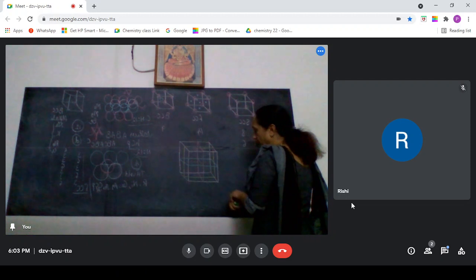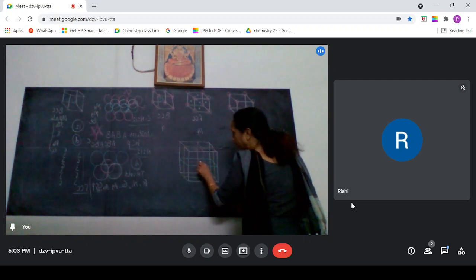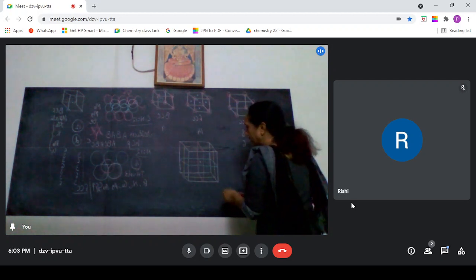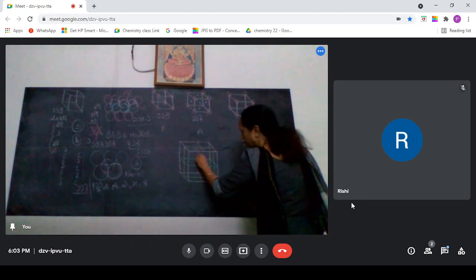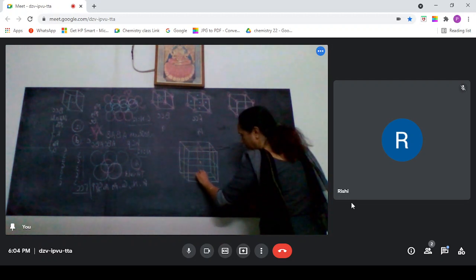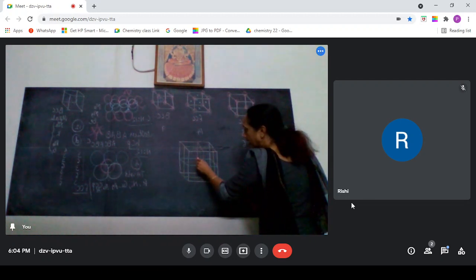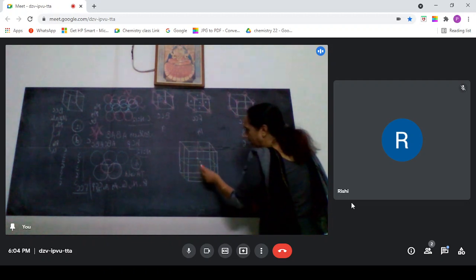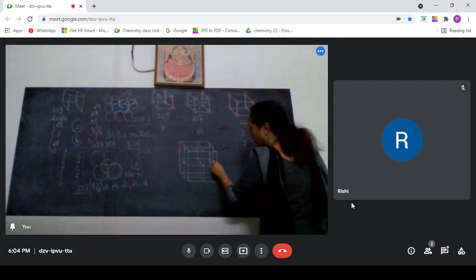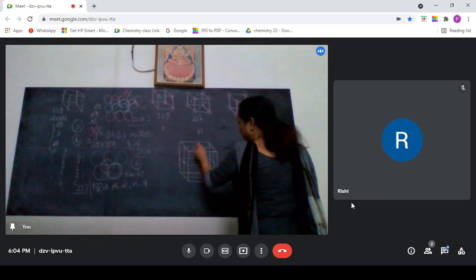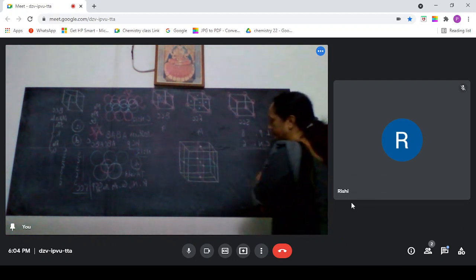Now you imagine a particle here. Now this particle, you will have a particle here. 1, 2, 3, 4, 5, 6.